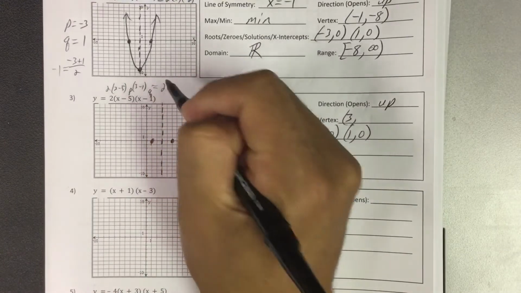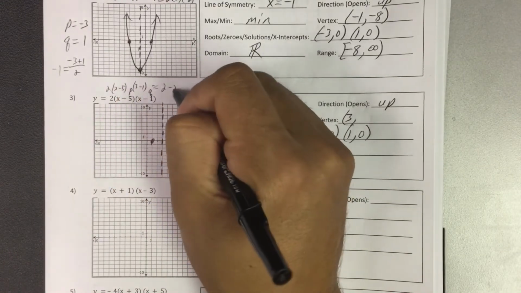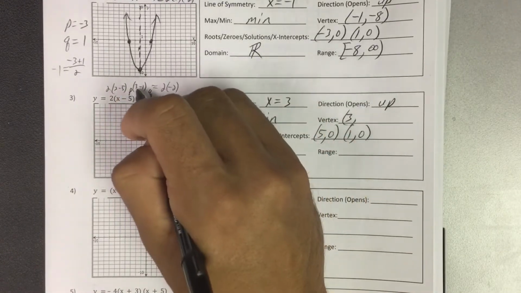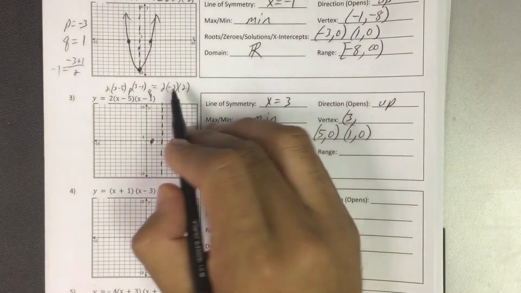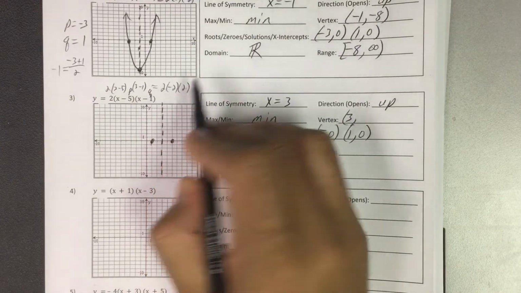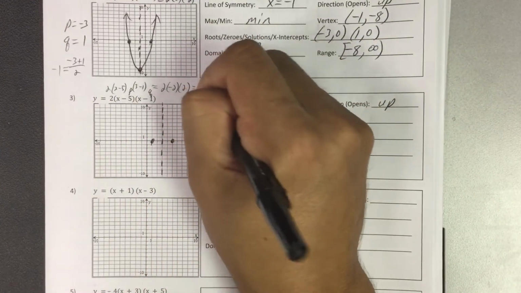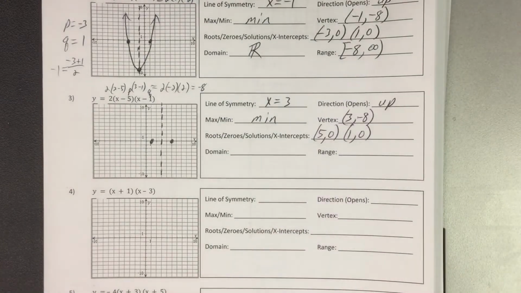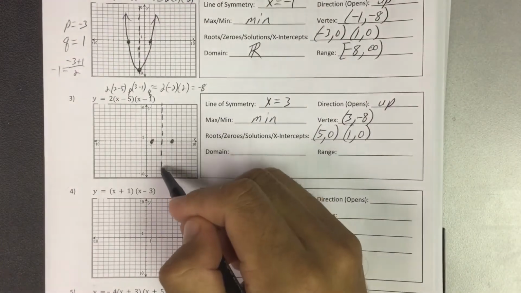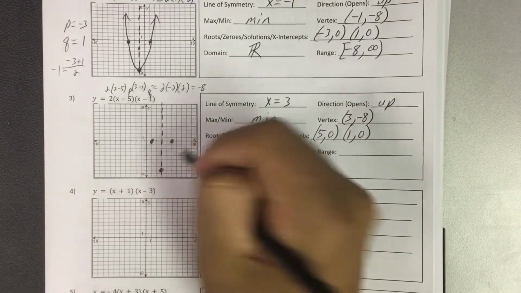So that equals 2 times 3 minus 5 is negative 2. 3 minus 1 is 2. So it ended up being the same. 2 times 2 times 2 is 8, and we have a negative, so that's negative 8. Ended up being negative 8. That's weird, but whatever. So positive 3, negative 8. Here's the point.